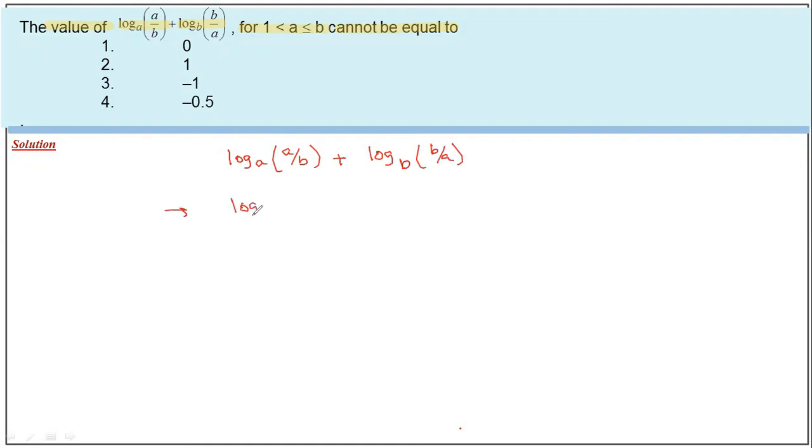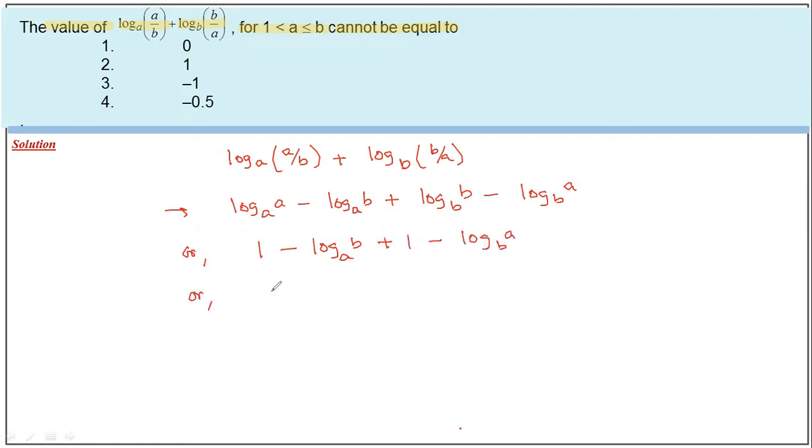So next we have log a to the base a minus log b to the base a plus log b to the base b minus log a to the base b, or 1 minus log b to the base a plus 1 minus log a to the base b, or 2 minus log b to the base a plus log a to the base b.